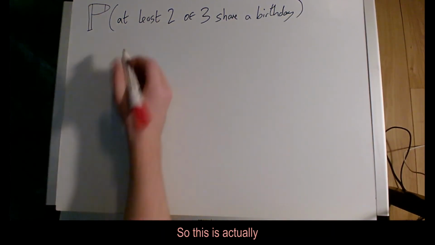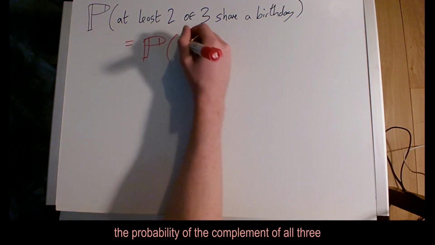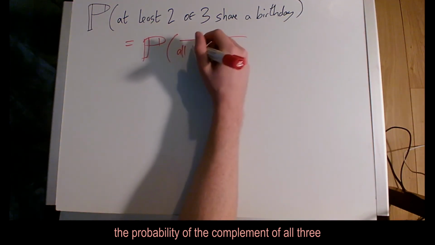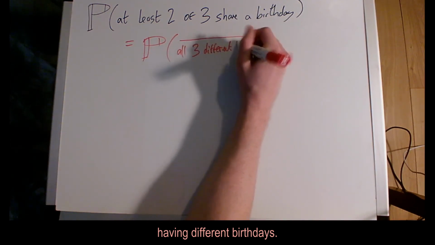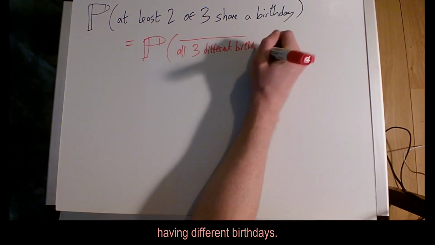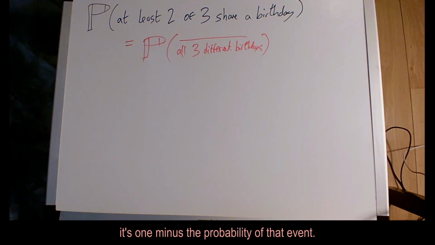So this is actually the probability of the complement of all 3 having different birthdays. We have an identity for working out the probability of a complement of an event. It's 1 minus the probability of that event.